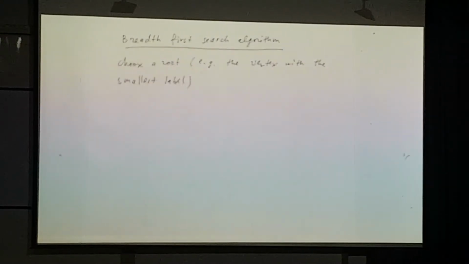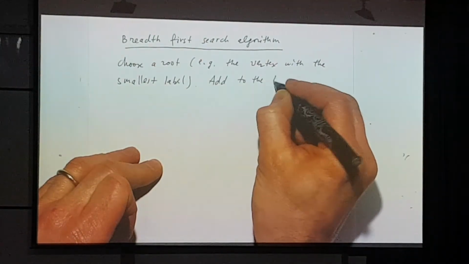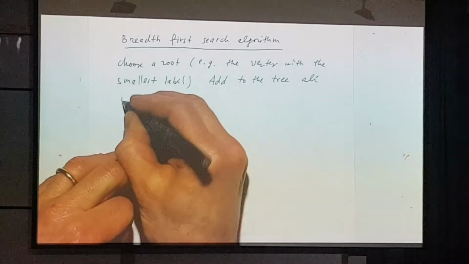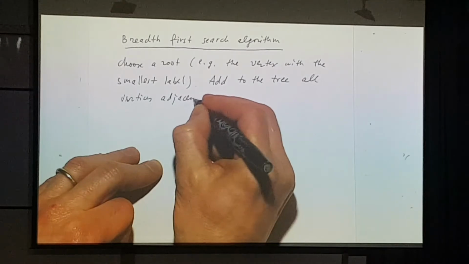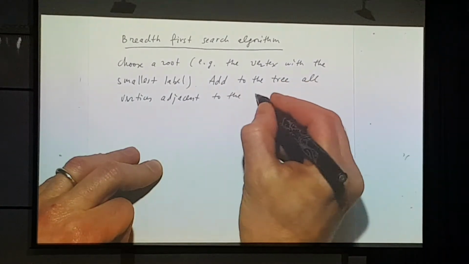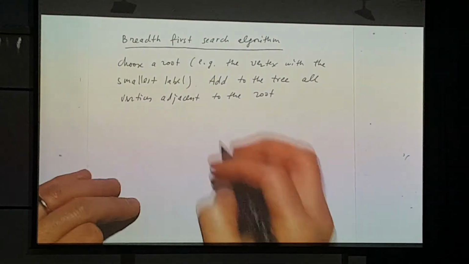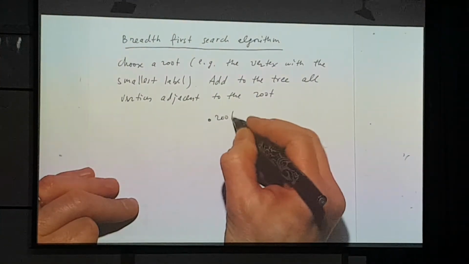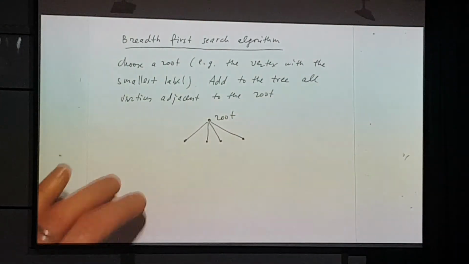And then I add to my tree all vertices adjacent to the root, which means all vertices linked by a single edge. So this is my root. I take immediately all possible branchings, right?